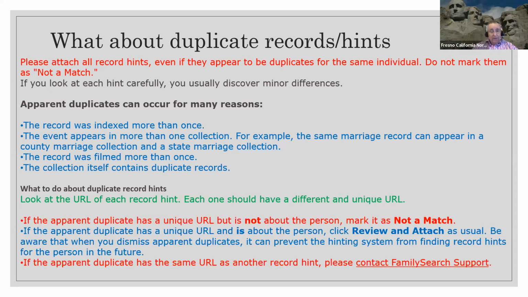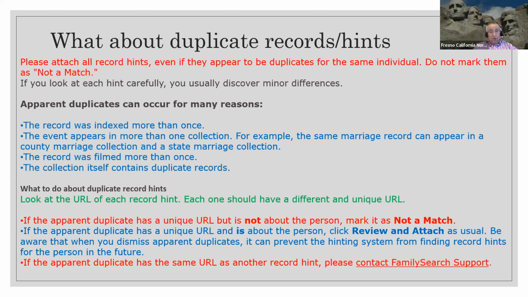If the apparent duplicate has a unique URL, but it isn't about the person that it's saying it's supposed to go to, then you mark it as not a match. The key thing there is it's about a person other than the person they're saying it belongs to.